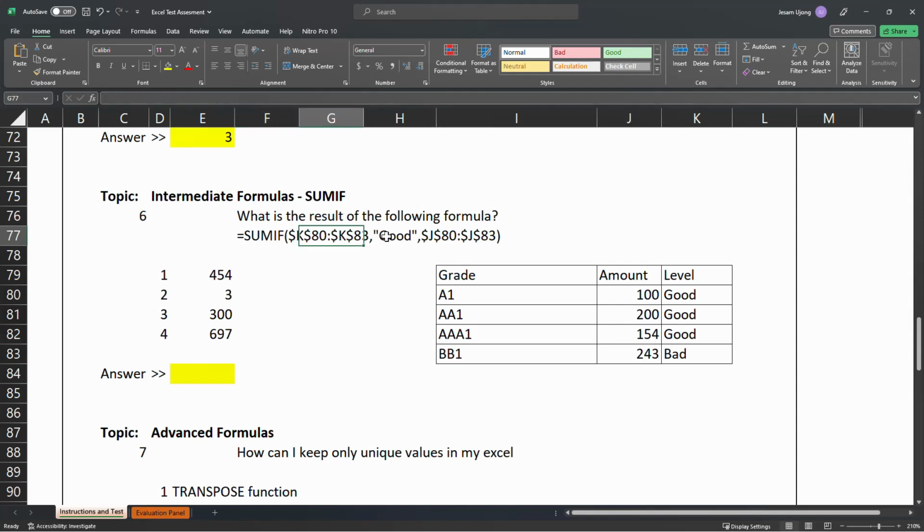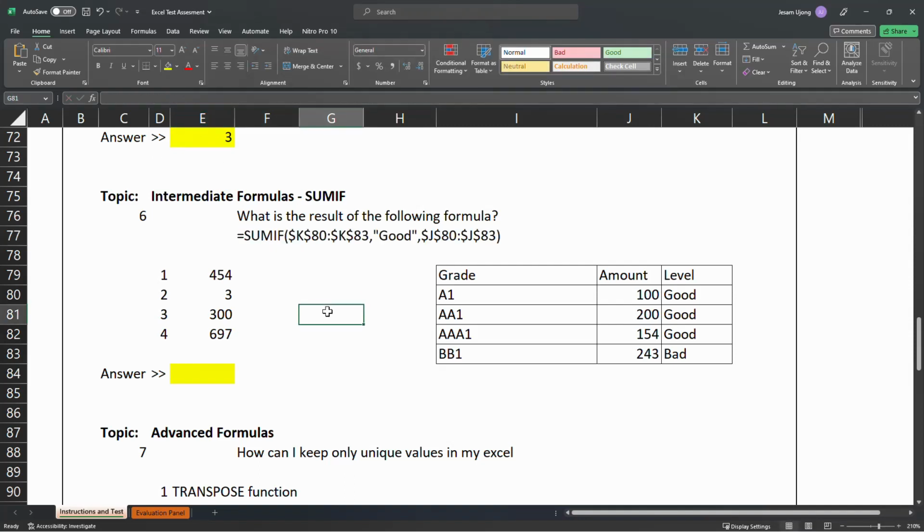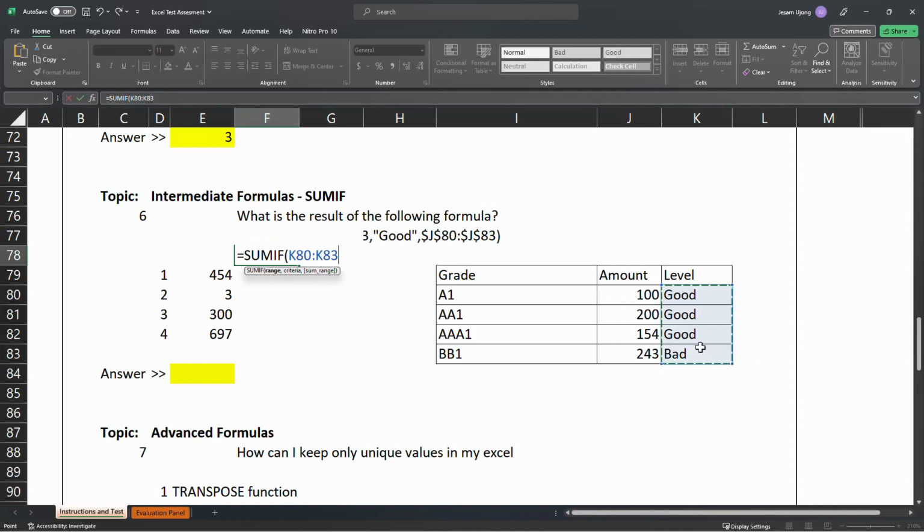I think we can literally copy this. So if we try that, let's see what it gives us. Equal to SUMIF, the range is this, where you have the criteria, and I lock it, comma, the next is the criteria.